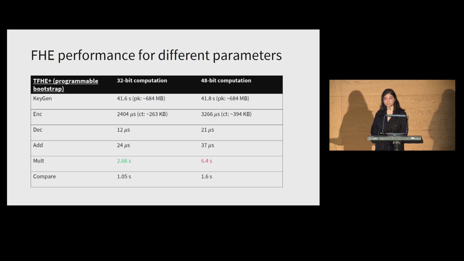There's a similar issue for the TFHE scheme, not necessarily as extreme as for the BFE scheme. Here we're focused mostly on what sort of precision you need. That really tends to affect the performance the most. So you can see that multiplication is quite slow in both schemes, but there's about a 2x increase in time if you want to go from 32 to 48-bit computation.